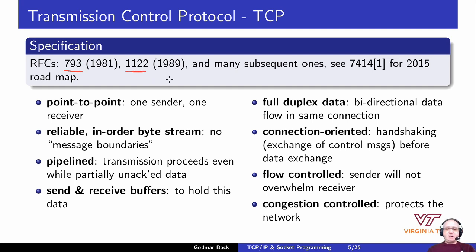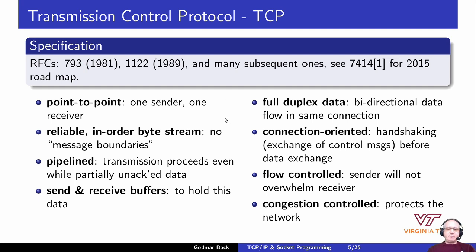Since then, many additions or optional options have been proposed to TCP, and you can see RFC 7414, which was published in 2015, for a roadmap to all the specifications, the RFCs that describe TCP today.